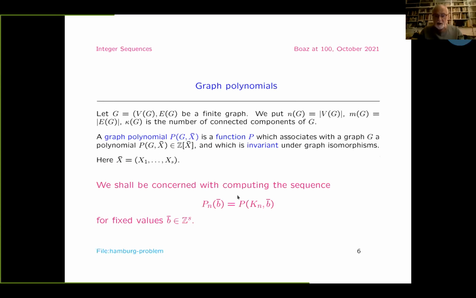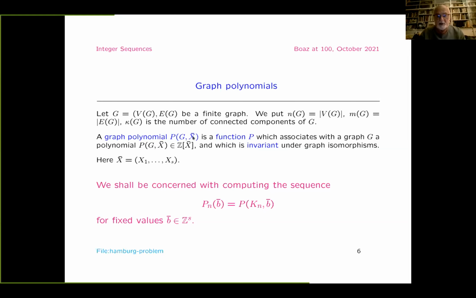So here is a seemingly simple problem. Let G be a finite graph, and we put n(G) to be the number of vertices, m(G) the number of edges, and k(G) the number of connected components.